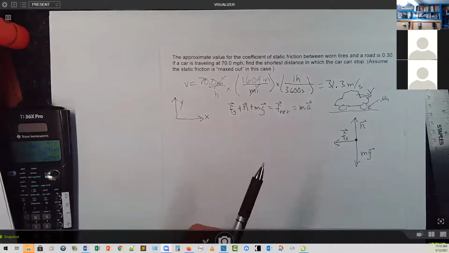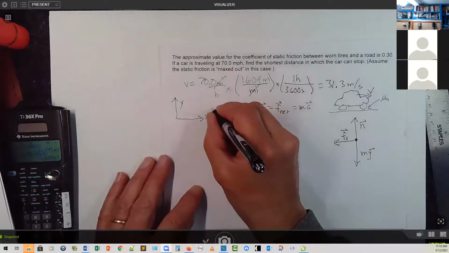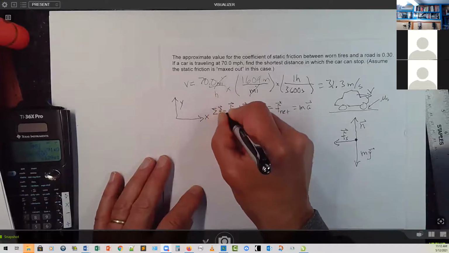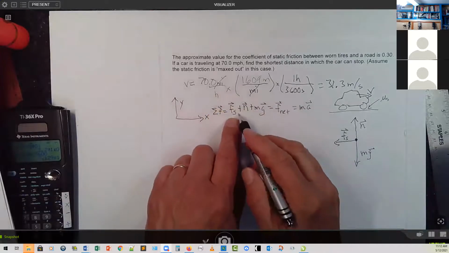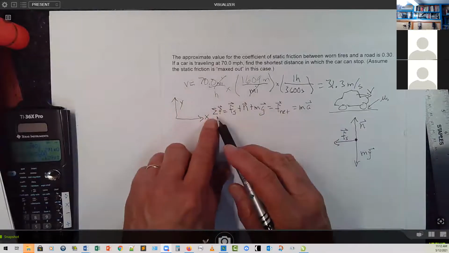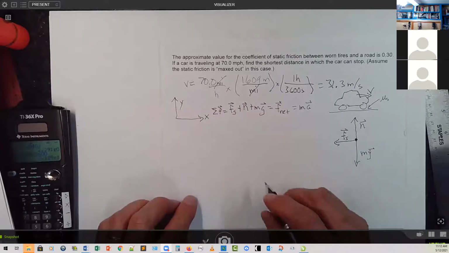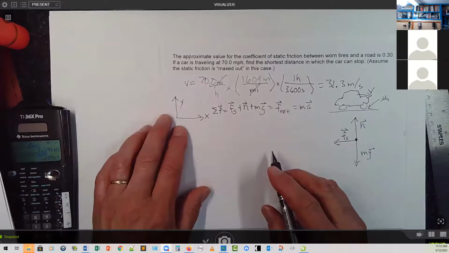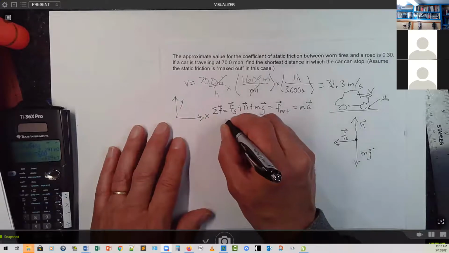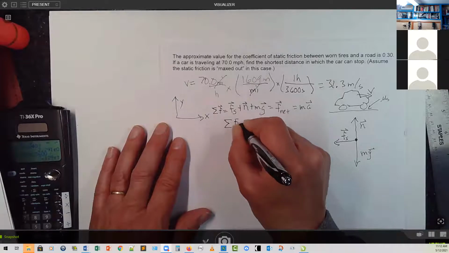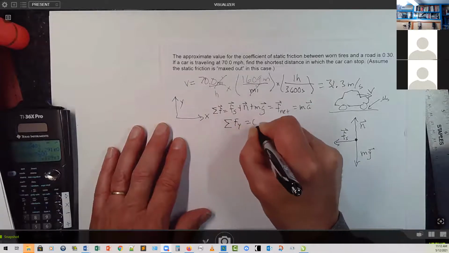So another way I can write that is over here I can put the sum of the forces is equal to this plus this plus this, and that's that symbol that means sum of. So that's what I have. Then I look at the situation I've got, and one thing I can say is I'll write this. The sum of the forces in the y direction are going to equal 0.